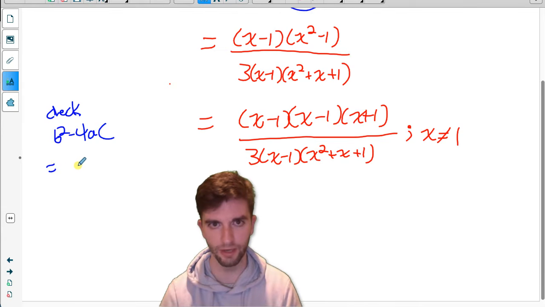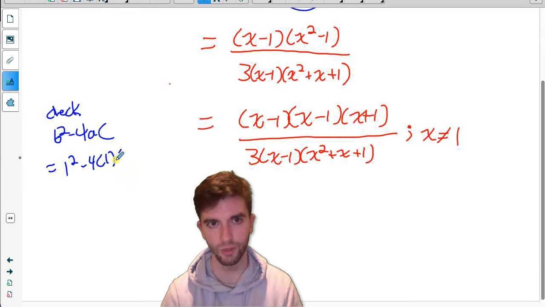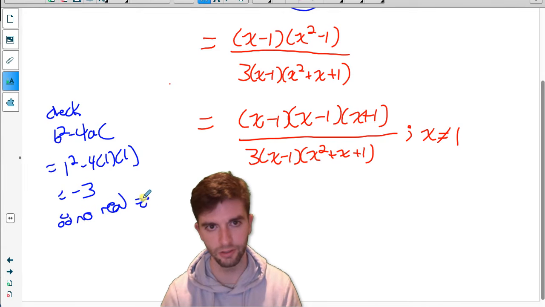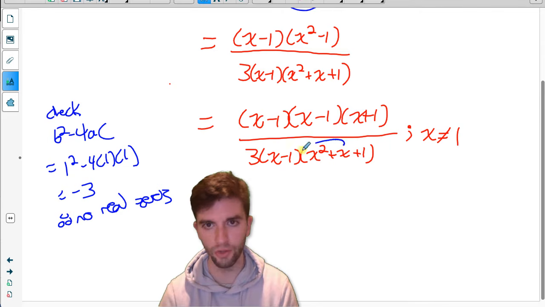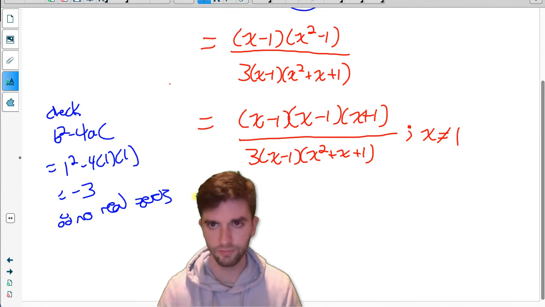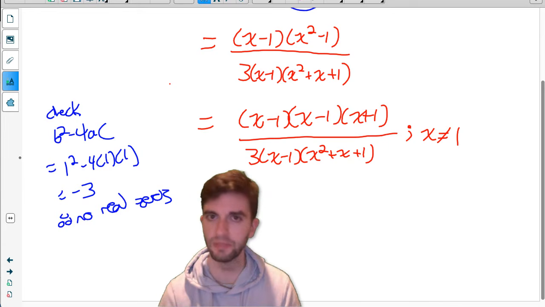So let's check b squared minus 4ac. We'll do 1 squared minus 4 times 1 times 1. That's -3. That tells us that this has no real zeros. There's no real number that can make this be 0. So that factor doesn't create any restrictions. So the only restriction on the function is 1.